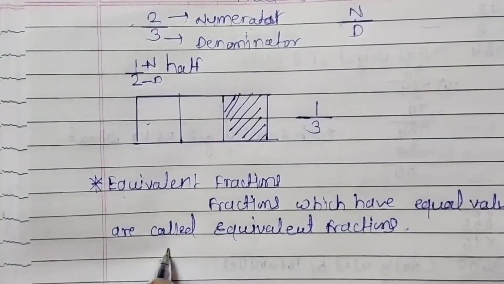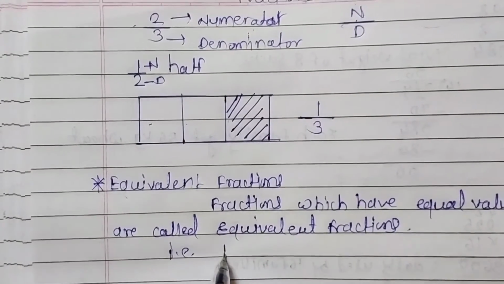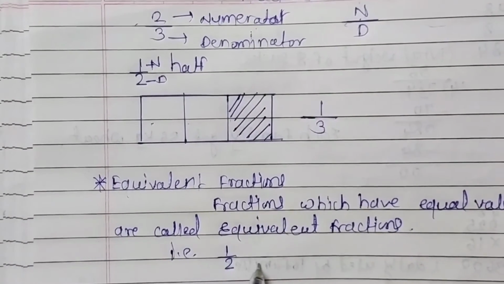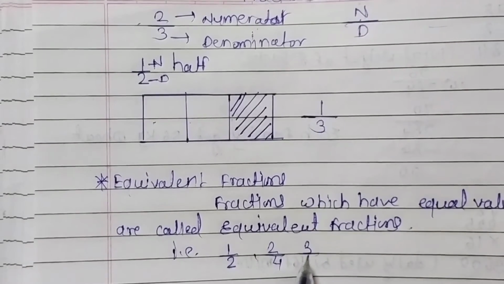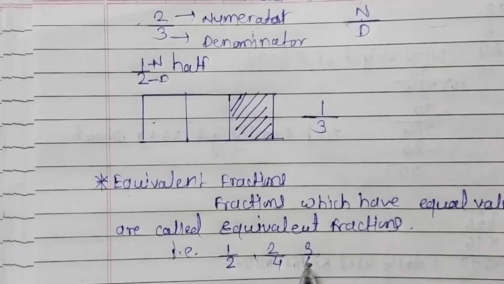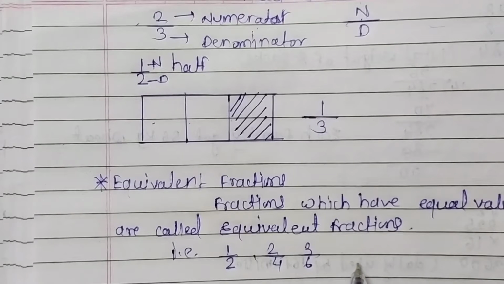For example, 1 upon 2, 2 upon 4, 3 upon 6. These are the equivalent fractions.